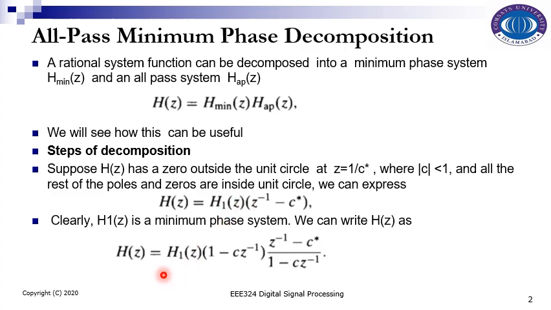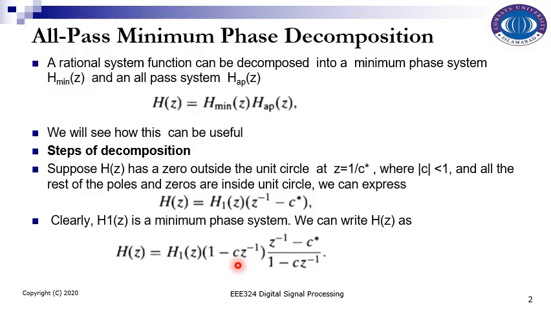Now, the next step is that we can write this H(z) in this form. We multiply and divide by this factor 1 minus c z inverse. So what we're doing is introducing a pole at location z equal to c and a zero at location z equal to c.